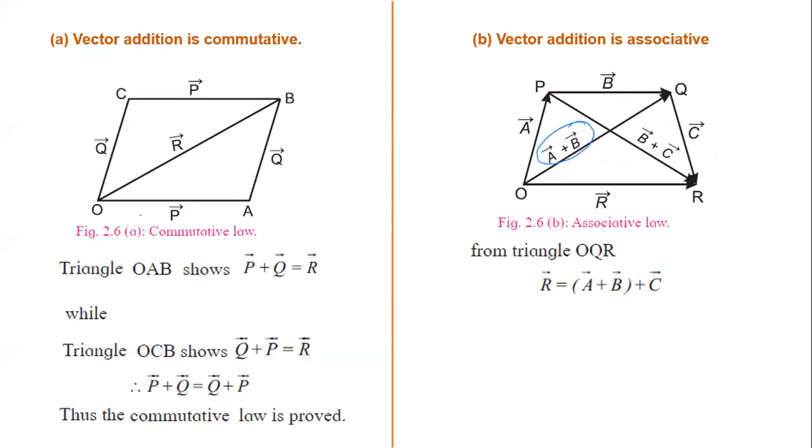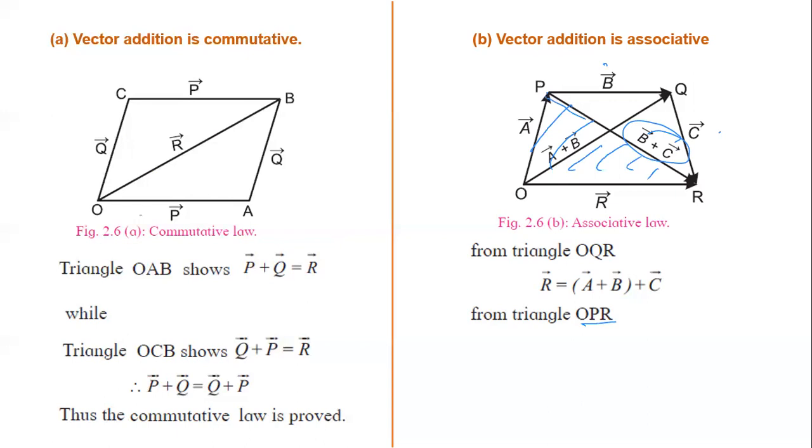Now, using this triangle, R bar is equal to A bar plus B bar in a bracket plus C bar. So we get this one. After that, from triangle OPR, you can see this is O, P, and this is R. Here this side is B plus C. B bar plus C bar is the third side of this triangle.